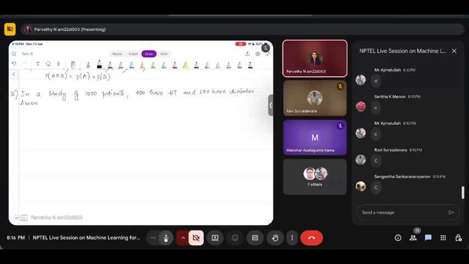Among HT patients, 250 also have diabetes.